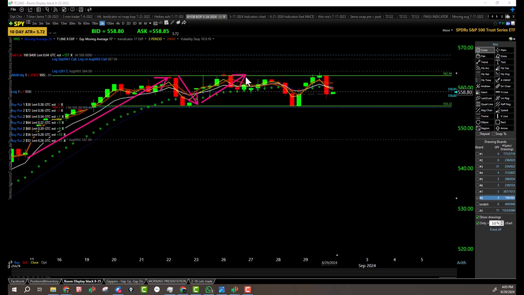Down to the bottom of the channel. That was last night. Then comes this morning. And now this afternoon, we create the half back right here. And we're looking for this arrow right there to take us up higher. All right, so that's the pattern.